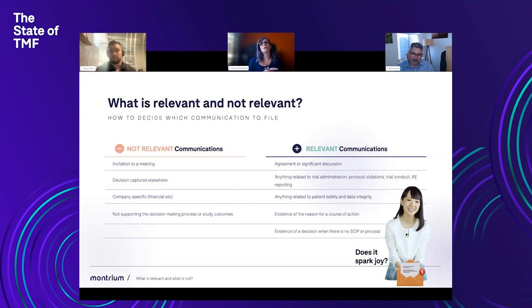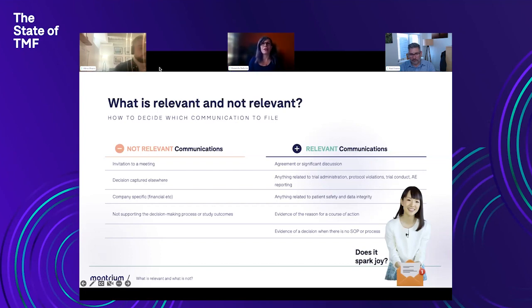Yes, so when it comes to defining what is relevant, not only in terms of communication, but also documentation that has to be filed in the TMF, we have to always remember data integrity and patient safety, because those are the two main principles at the basis of our trial master file management and ICH-GCP.